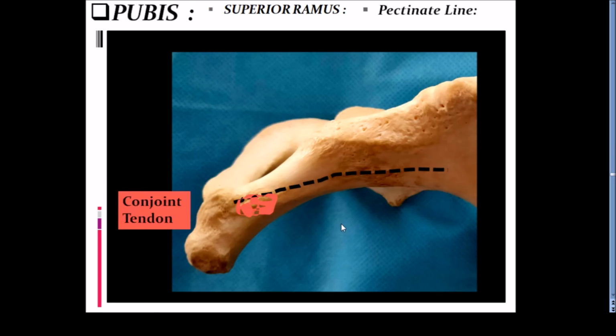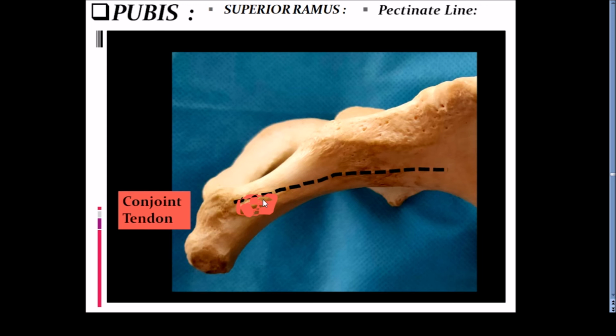Now the attachments on the borders of the superior ramus. So first we take the superior border, or pectinate line or pecten pubis. This superior border of the superior ramus, from medial to lateral, gives attachment to various structures. First the medial-most structure, that is the conjoint tendon.